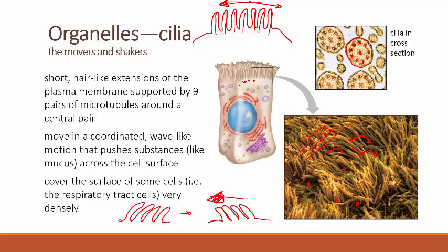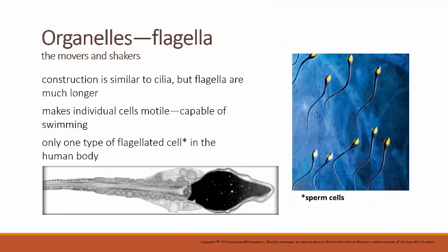Okay, so that's the cilia. They move a fluid across the surface of a cell. Flagella are also built in a similar way. There's only one, but the flagella are much, much longer. And there's only one cell in the body that is flagellated, and that's the sperm cell.